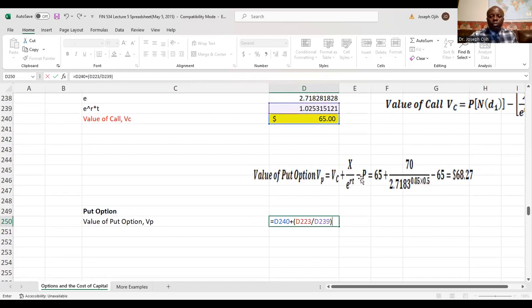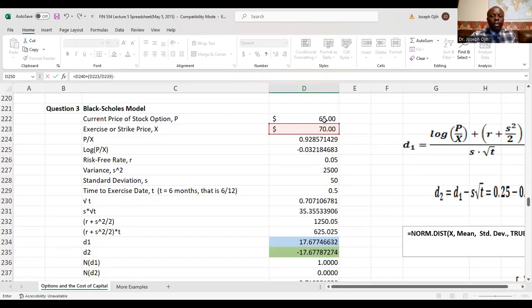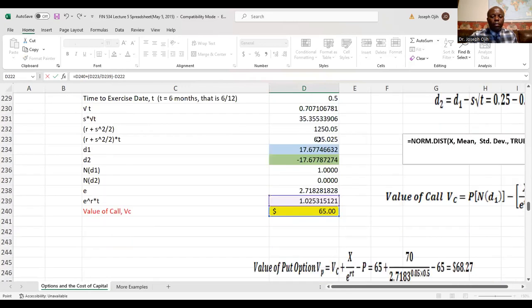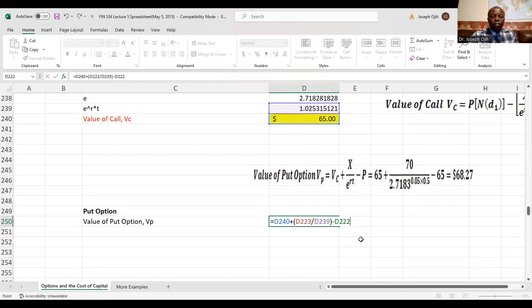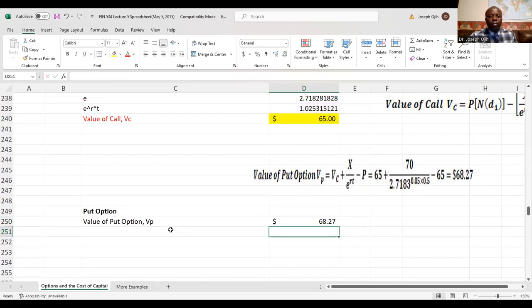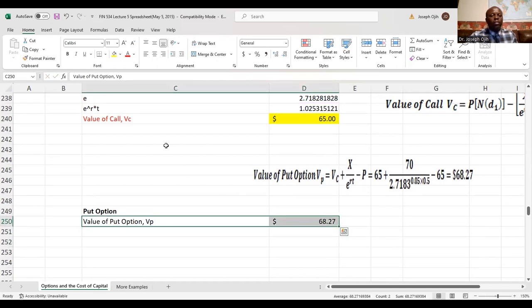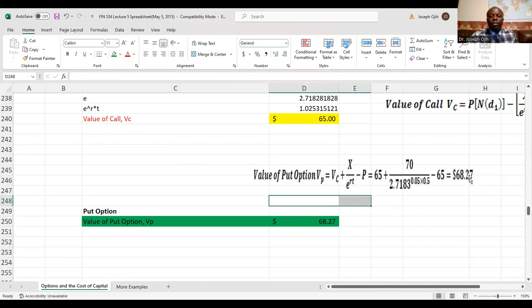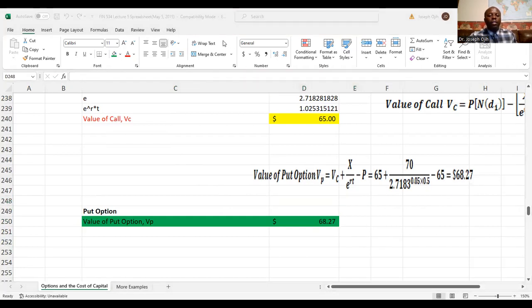Then minus P, which is the stock price itself, and that P is right here. Press the enter key. $68.07, which is what we have here. And that is exactly what we have in our presentation.